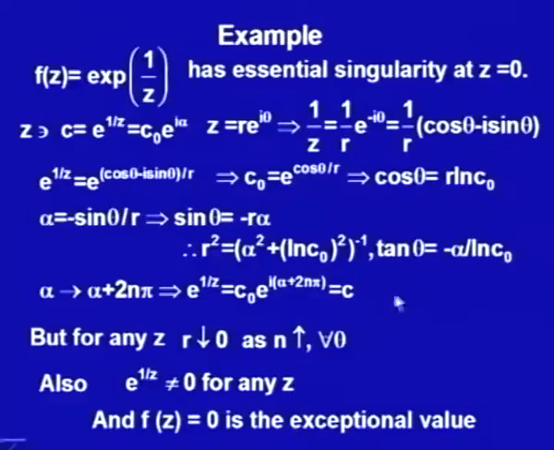So, if the function has an essential singularity at any point z naught, then in every neighborhood of z naught it will take all finite values infinitely many times, but one value which it cannot take, and that value is called the exceptional value.